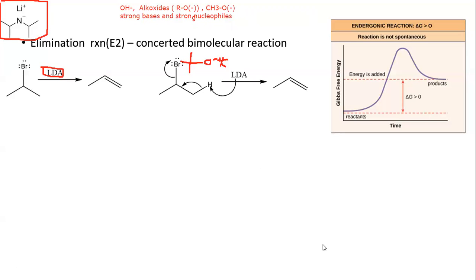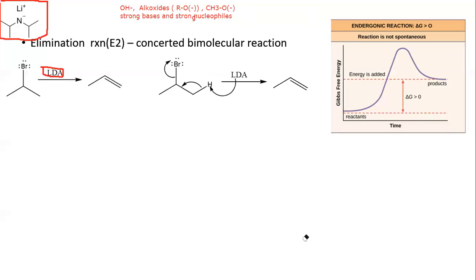So what happens, since we're using lithium diisopropylamide, it attacks the hydrogen as a base. Since this is very quick, the electrons go to form the carbon-carbon bond, and then the bromine leaves. So this would be an E2 mechanism.